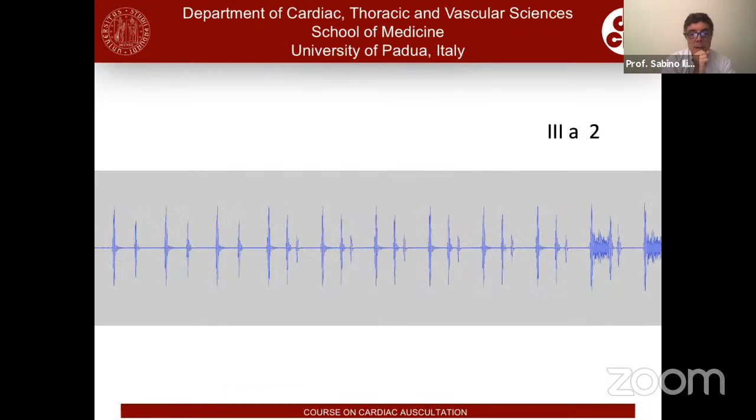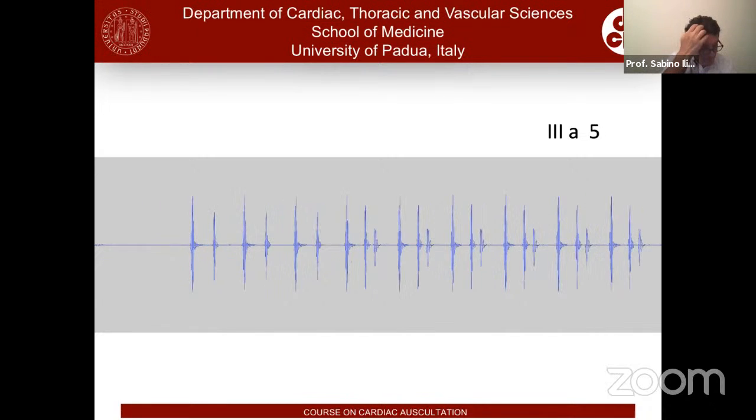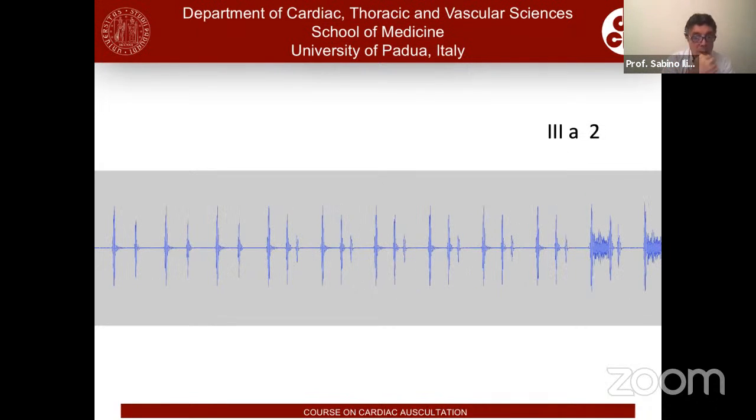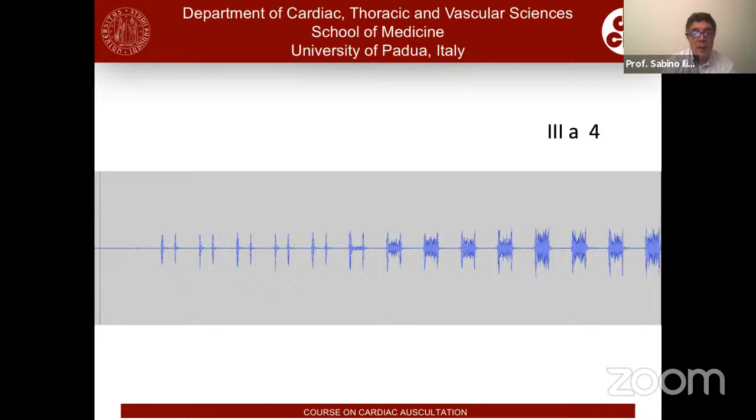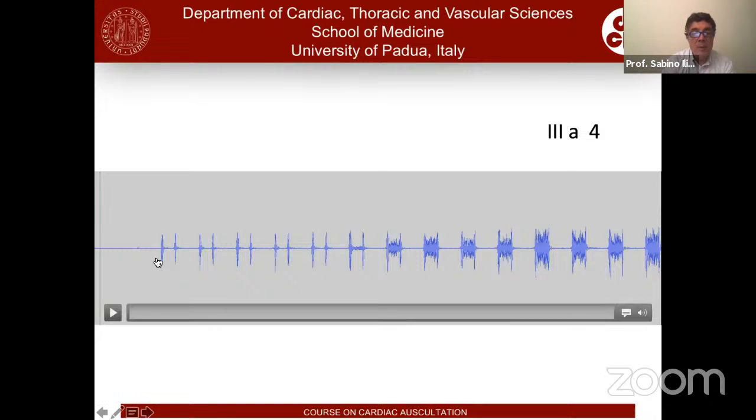So this is another example, and we have again first, second, and okay, sorry. Here it is. This is another example, and we have this time 4 beats without murmur, and then the murmur will appear.